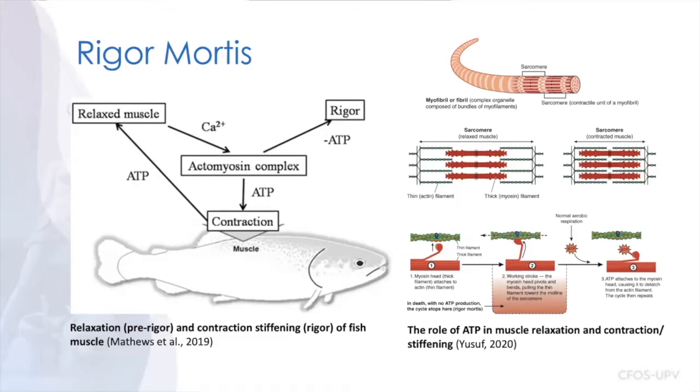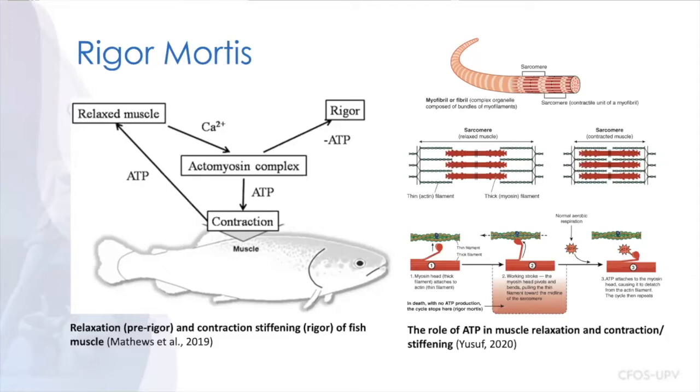Okay, so what triggers the contraction or the stiffening of the muscle? Upon death, the supply of oxygen in the fish tissue will drop. Okay, so the production of ATP will also stop. So that's obvious, right? And at that stage, there will be cessation of the production of oxygenated blood.